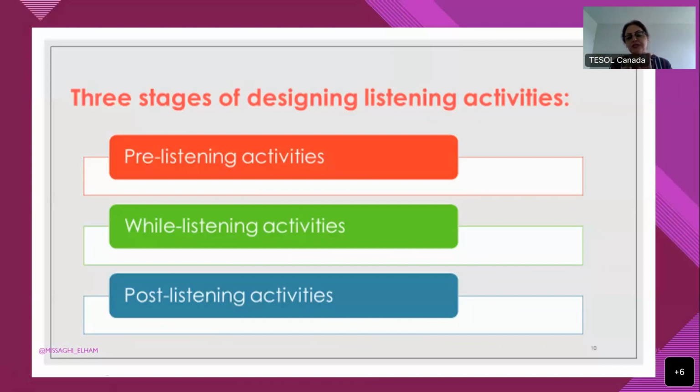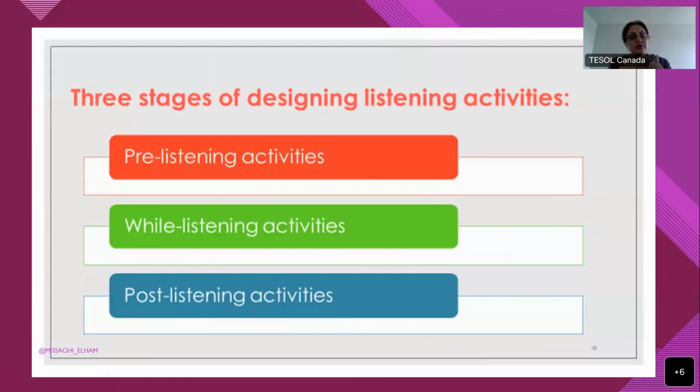Then we get to the third phase that we call post-listening activities. What happens in post-listening activities? You get the feedback. Bravo. Now is the part to evaluate your students, to assess them, and to reflect on your teaching.